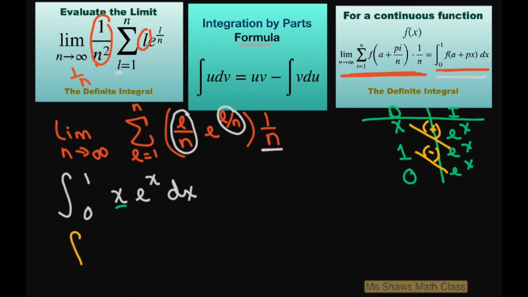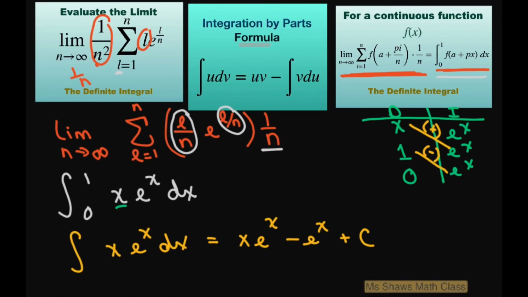So if I just take the indefinite integral of x times e to the power of x dx, that's just going to give me x times e to the power of x minus e to the power of x plus c. All right.